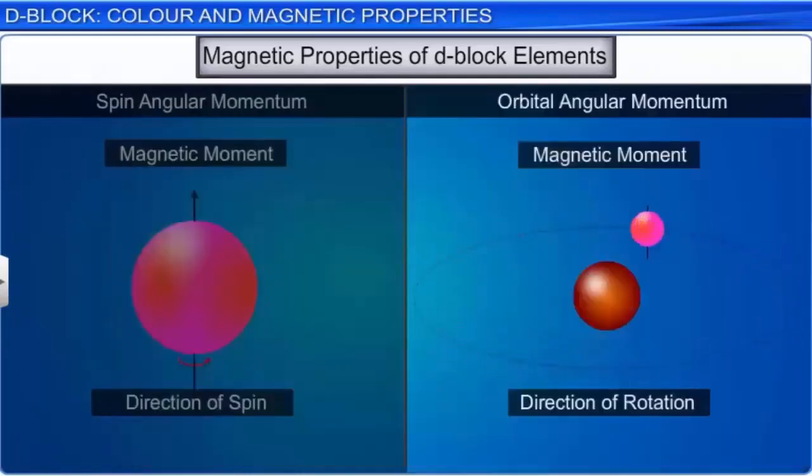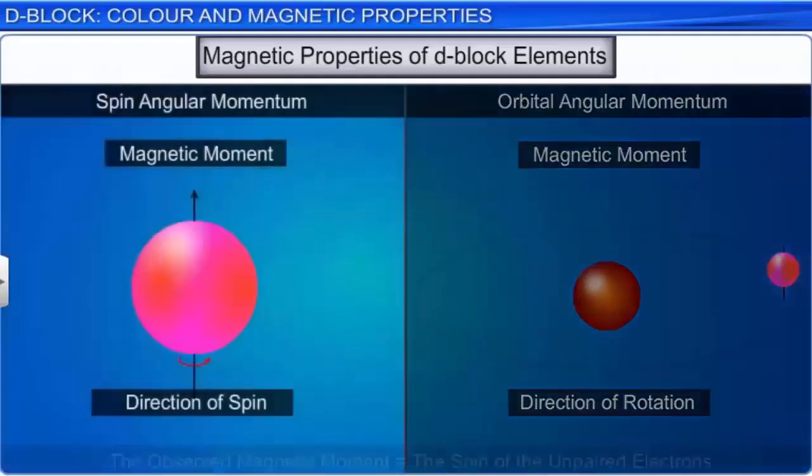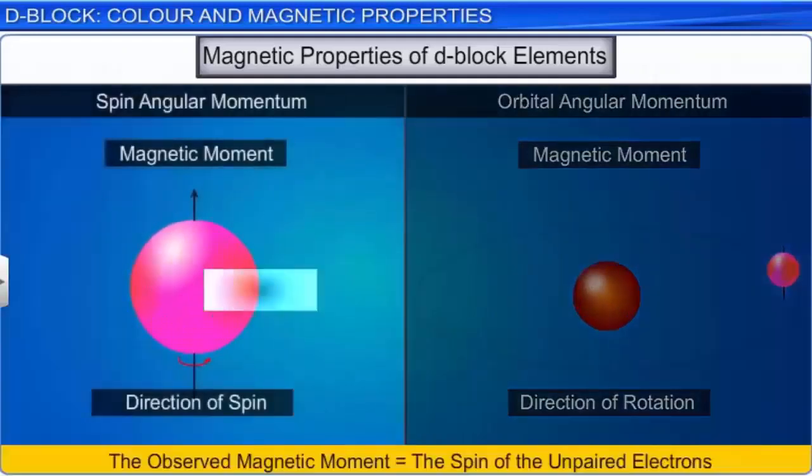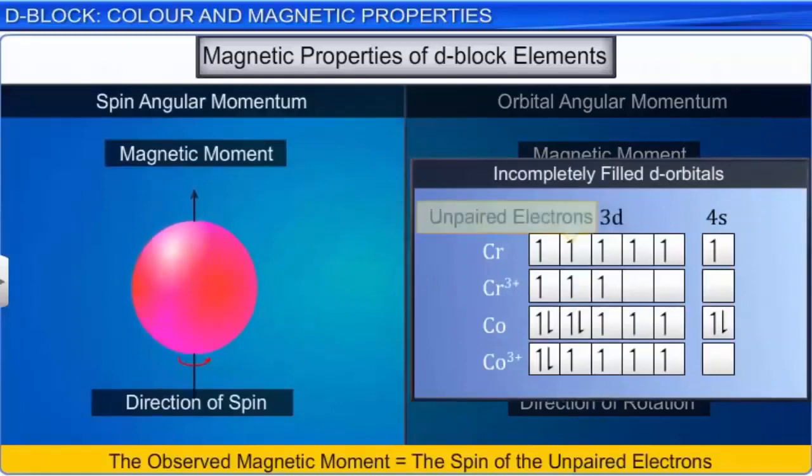Therefore, the magnetic moment for these elements is determined by the spin-only formula, mu equals the square root of n times n plus 2.